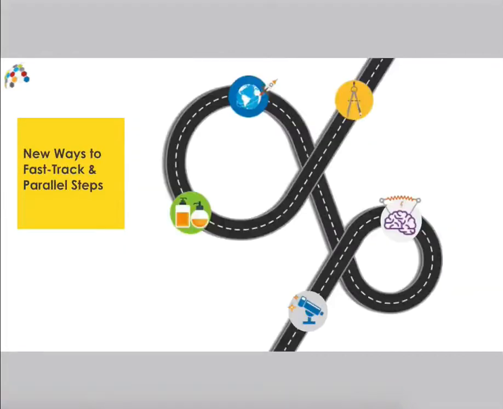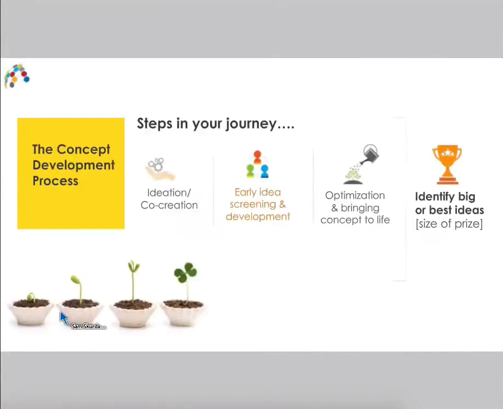The reality that we live in today is that it's more of an agile innovation journey, and you need to fast track and you need to parallel steps. So what do we mean by that? You might need to test the pack and the name at the same time, or evolve the idea along the way. You need faster ways to do it, and that's essentially what we're going to look at today.